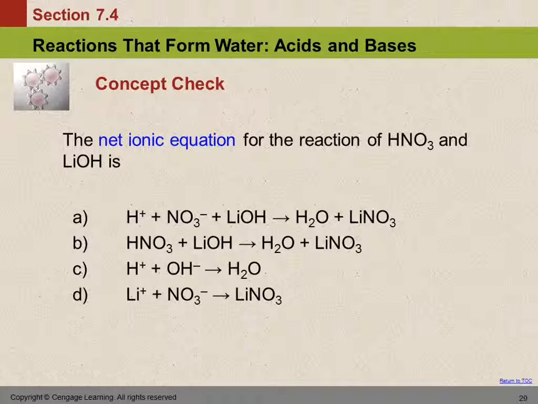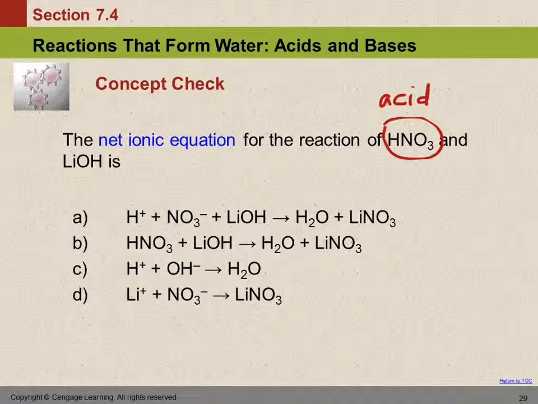So if we have HNO3 and LiOH, what's the net ionic equation? Well, let's look at this for a minute. Okay, so HNO3, that's an acid, right? And LiOH, that's a base.